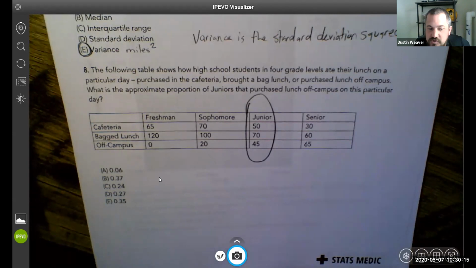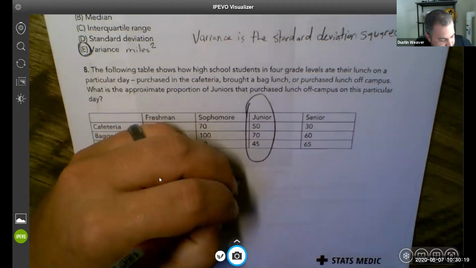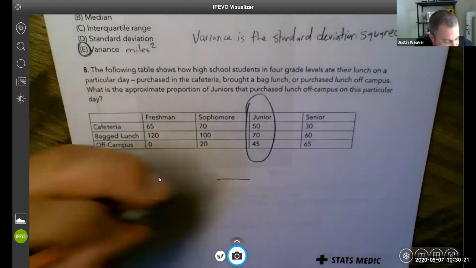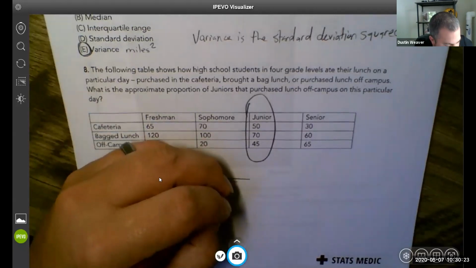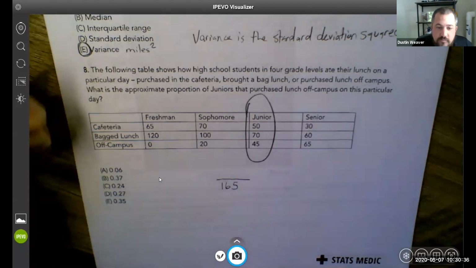So first of all, how many juniors do we have in this table? 165, right. And how many of those juniors purchased lunch off campus? 45.